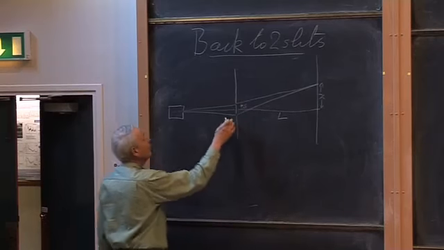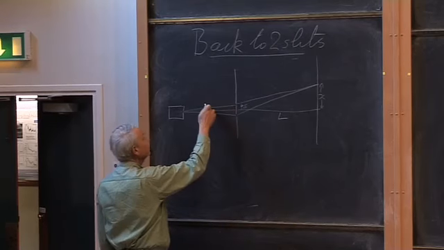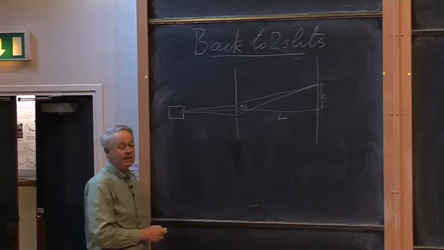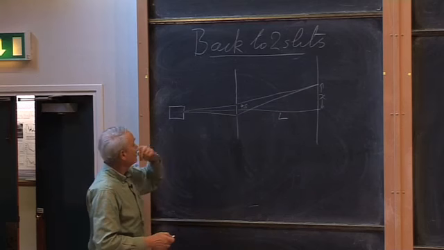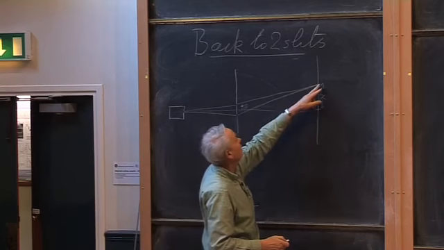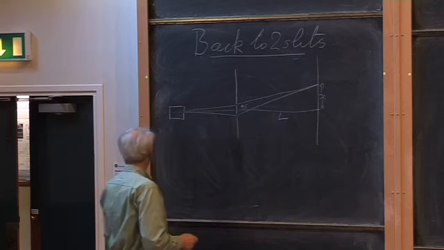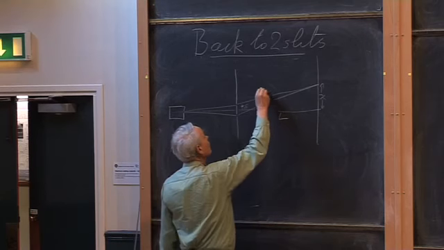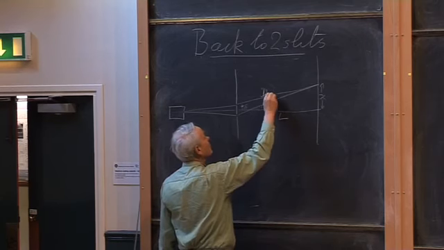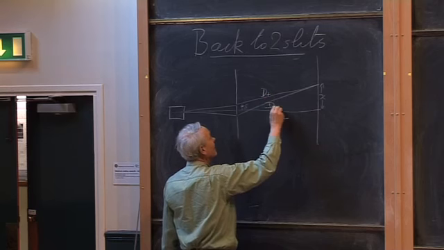These routes, well, the distance from the gun to the two slits by setup is symmetrical, is equal. So any difference in the amplitude that they come there is to do with the change in the amplitude when it goes along this route as against along this route.